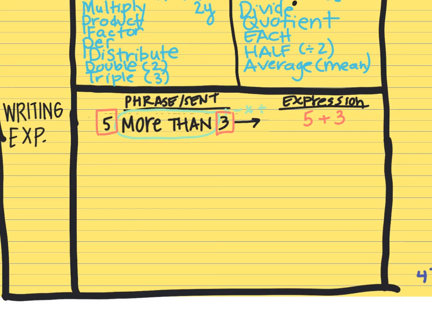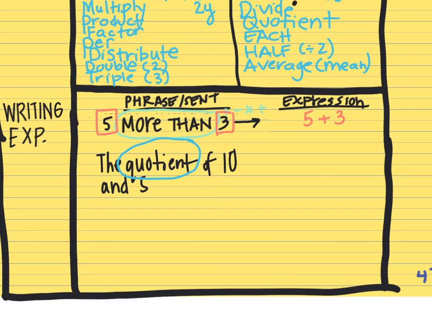Let me give you one more example, just in case you weren't in class. If we say something like the quotient of 10 and 5. The first thing I do is look for my key term, which is quotient, and then I look for my two numbers, 10 and 5.